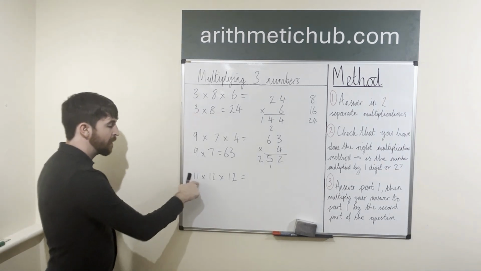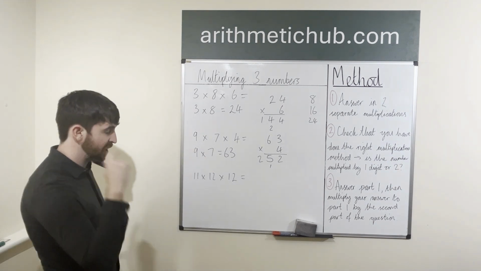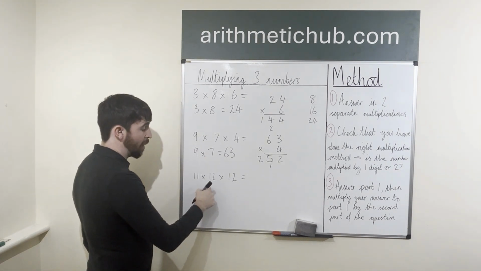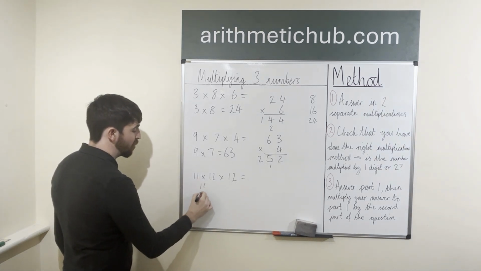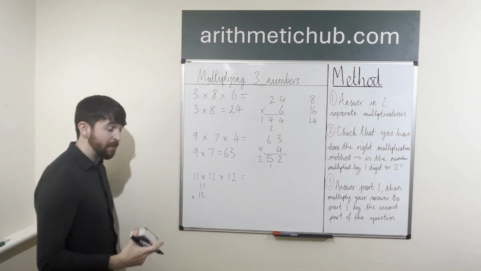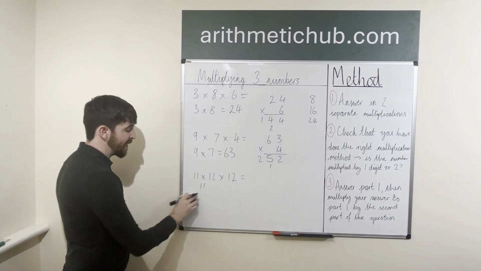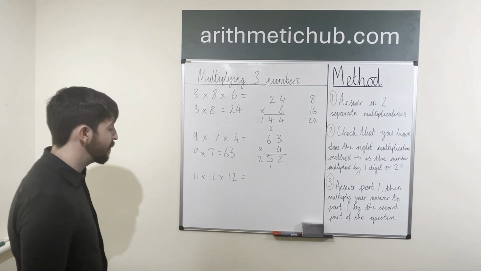Slightly more challenging question over here because we've got two digits in all of these. 11 times 12 times 12. Now I could set this up in my two-digit multiplication, but first things first, that's going to make it really complicated. Secondly, I don't need to do that for 11 times 12 because I know my 11 times tables.